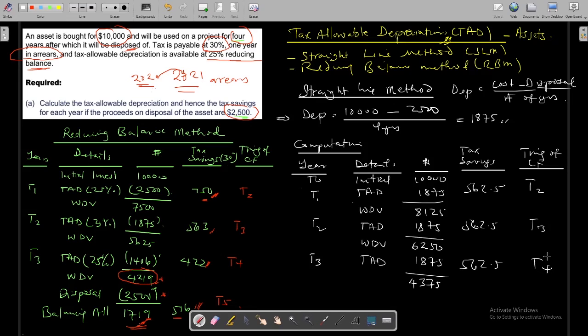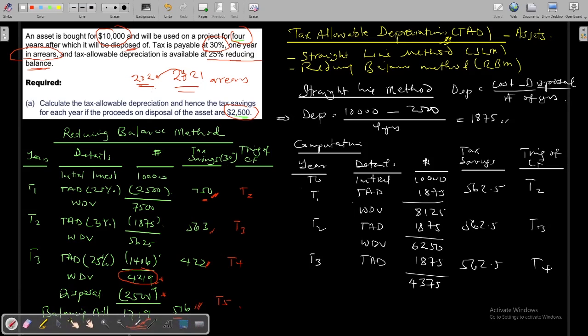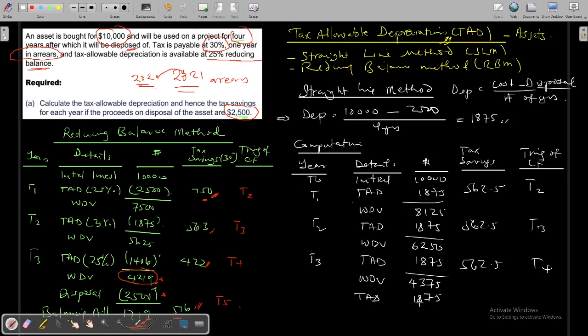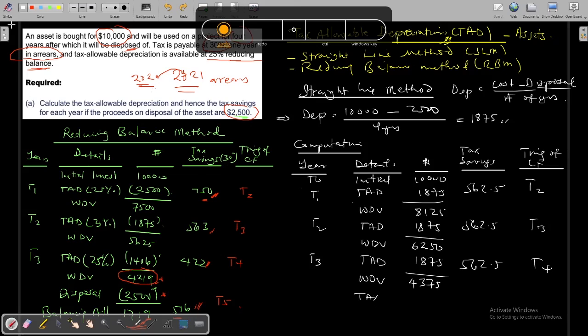For year 4, the tax allowable depreciation will be 1,875.